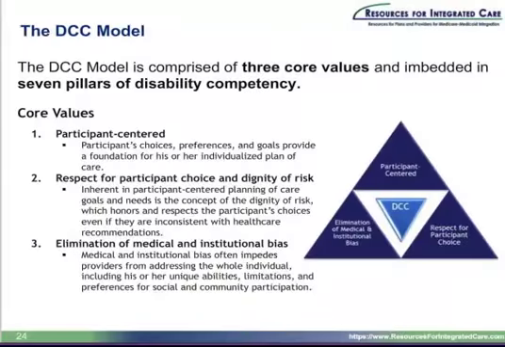This slide contains a diagram of the core values of the DCC model. I won't go further into being participant-centered, for I've been addressing this throughout the webinar. Respect for participant choice and dignity is sometimes challenging for providers. Most of us were trained in a skill or a profession and have gained specific knowledge.